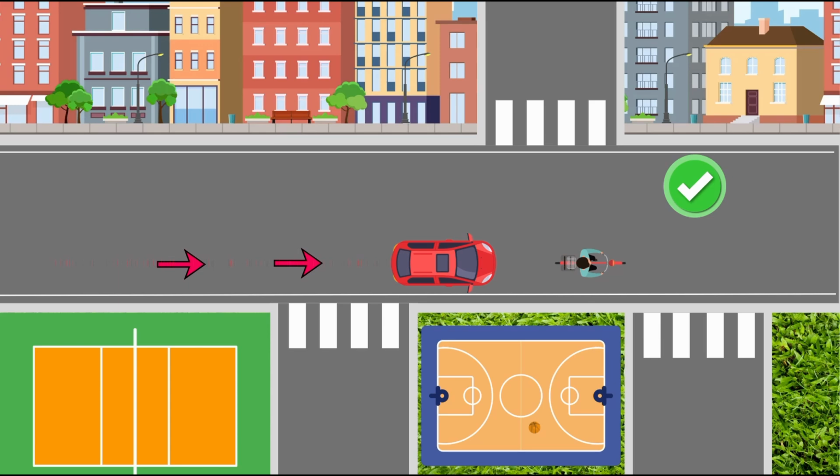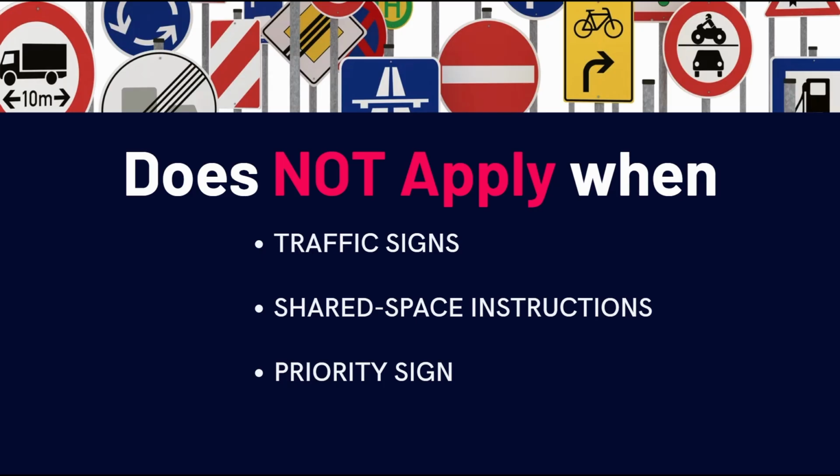Now let's understand when this rule does not apply. First, this rule does not apply when we see traffic signs; if traffic signs are present, this rule will not apply. But we need to remember that whenever we are driving in play streets in Germany, there usually won't be any traffic signs. Second, if there are shared space instructions, this rule will not apply.